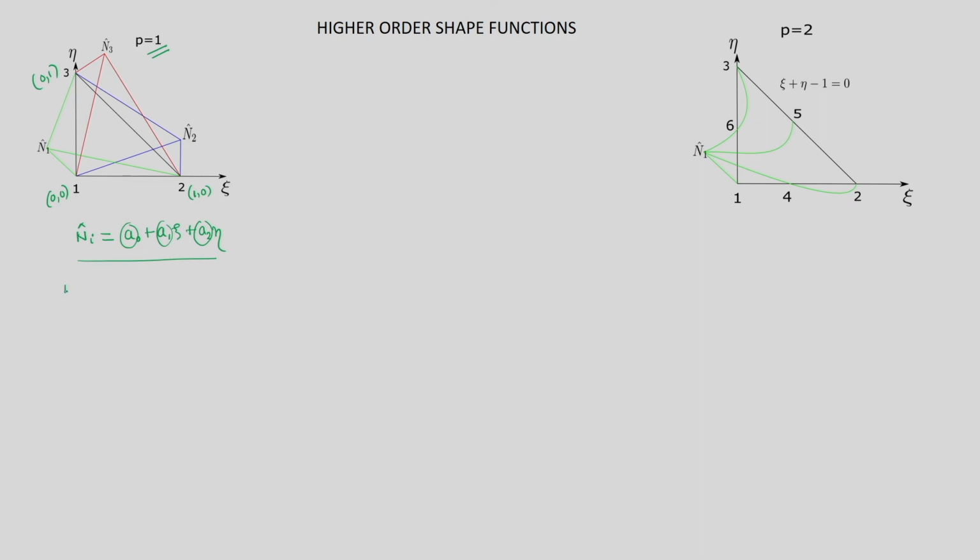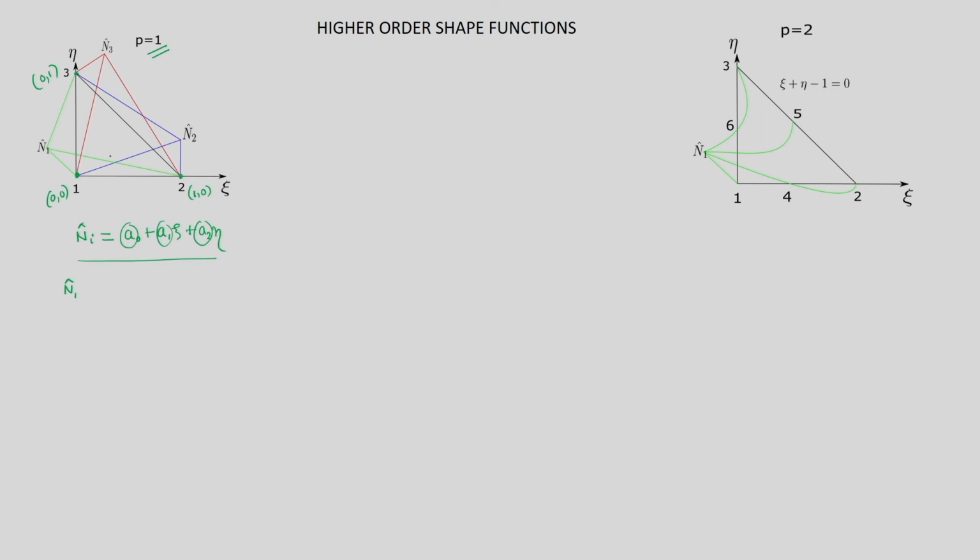Now let us look at N1 hat. N1 hat is 1 at node 1 and 0 along the line 2, 3. Actually the definition of N1 is that it has to be 0 at point 2 and point 3, that is node 2 and node 3.